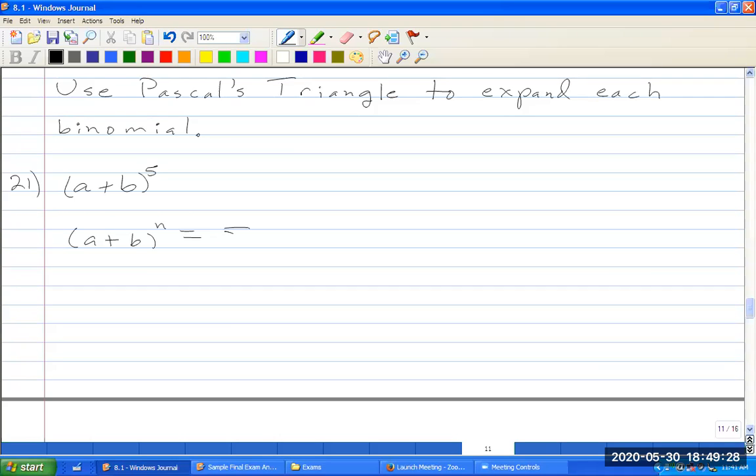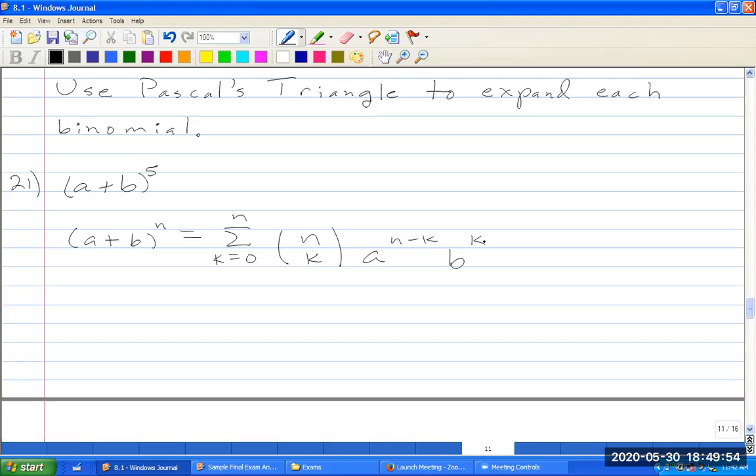What did I use? Yeah, let's use k. The sum of n choose k, a to the n minus k, b to the k.